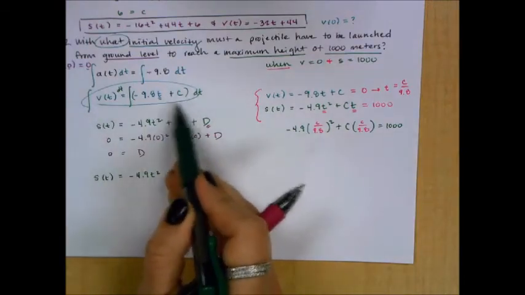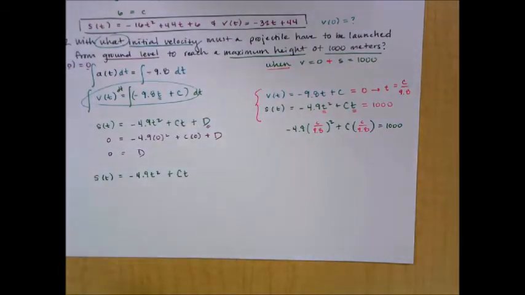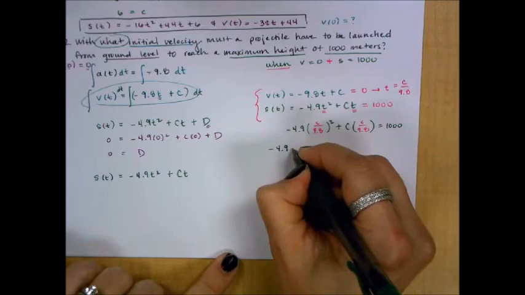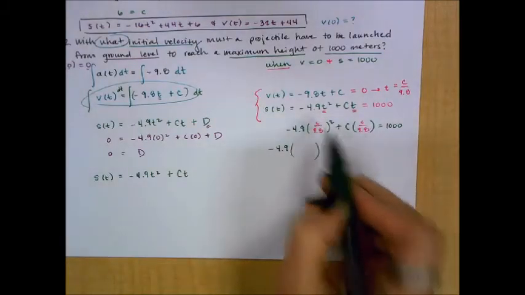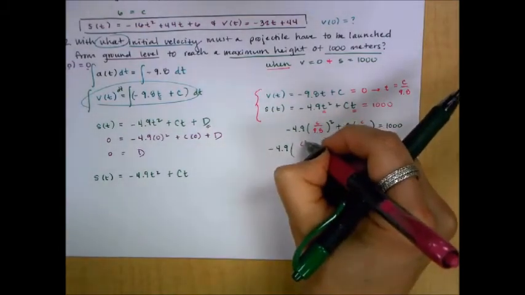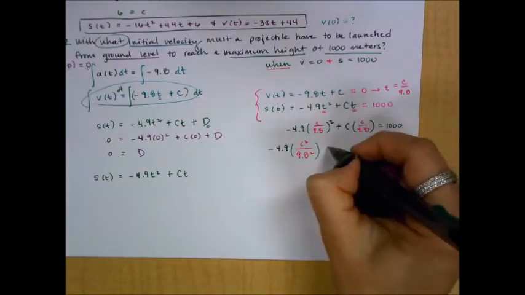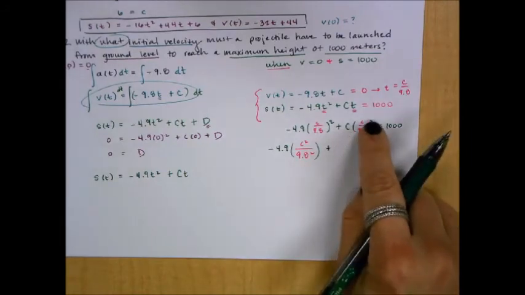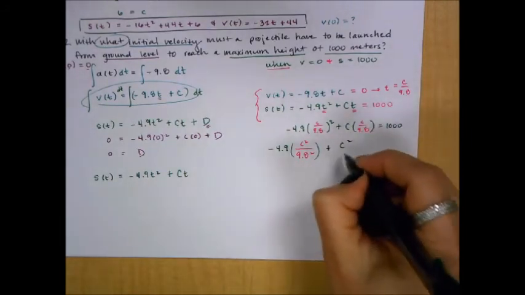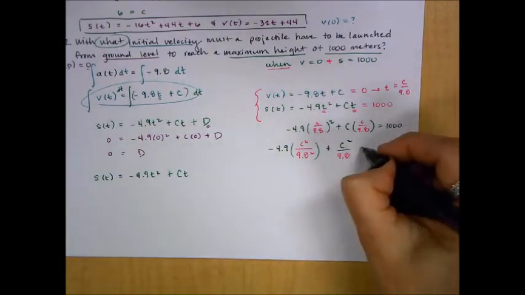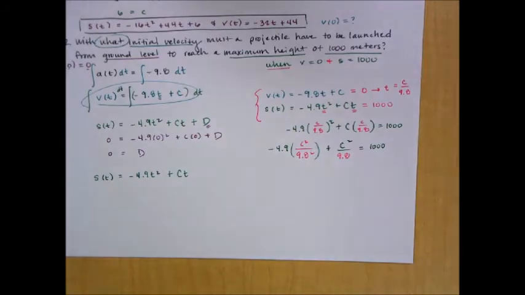So nice way to simplify this, negative 4.9 times, we're just going to square the terms in here. So this is now c squared over 9.8 squared. Plus, over here, c times c over 9.8 is also c squared over 9.8, is equal to 1,000. Easiest way to simplify an equation with fractions is to multiply everything by that common denominator.